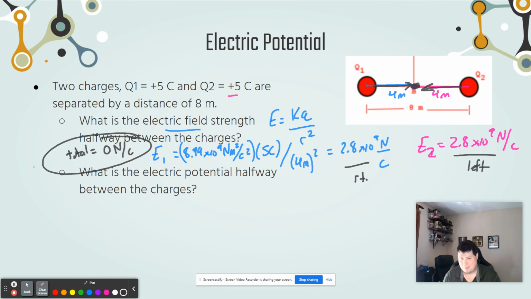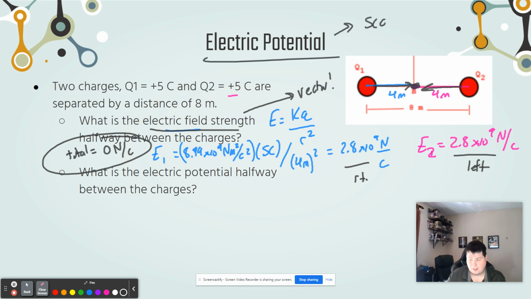I bring this up to point out that electric field strength, E, is a vector. But electric potential, just like electric potential energy, is a scalar. It is not a vector. You don't have to consider direction at all. So if you wanted to find the electric potential between the two charges, that would change your calculation.